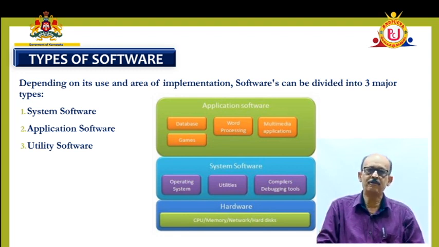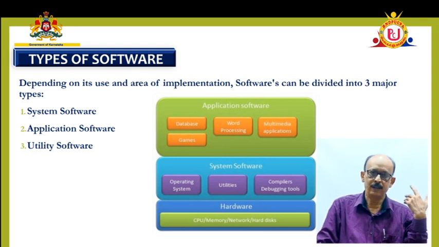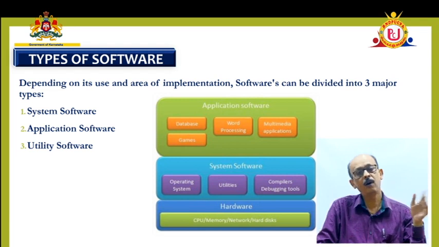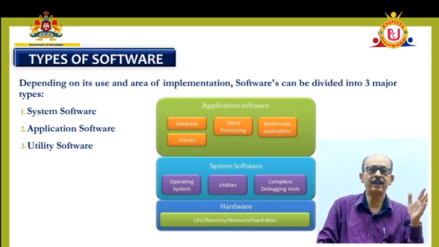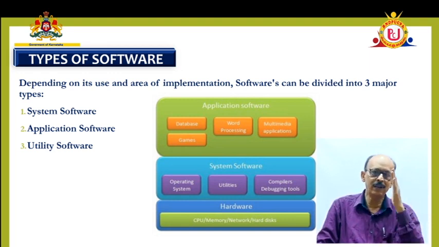One type of software is system software. The second one is application software. And I told you in the previous session about utility software. Antivirus is a utility which can be used by all, irrespective of the class of people. Some sets of software are used by one particular class of people only.